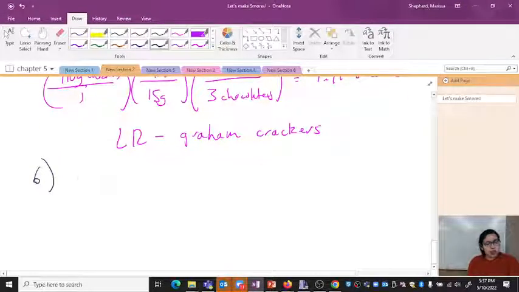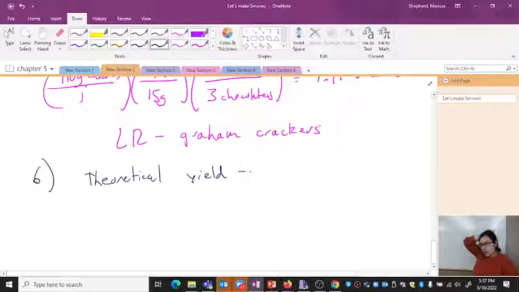So let's just define something. If you ever have a problem that says, what's the theoretical yield? That's just what you expect to make from your mole-mole ratio if you have 100% recovery of product.